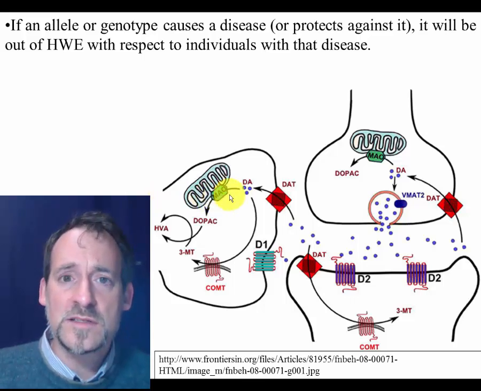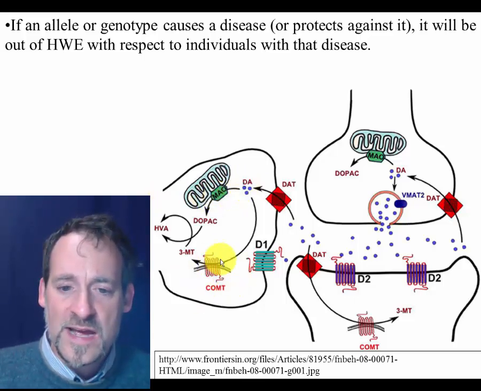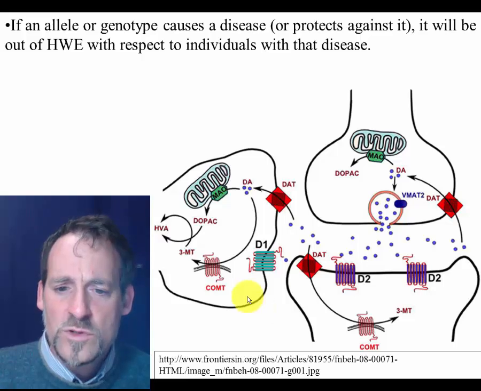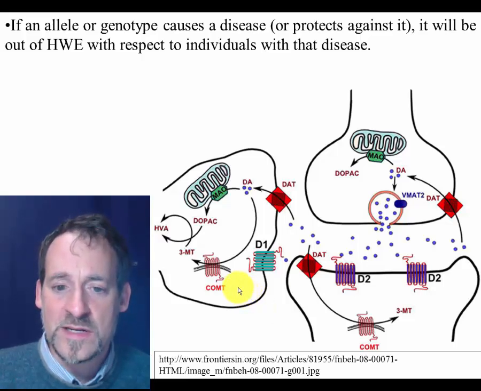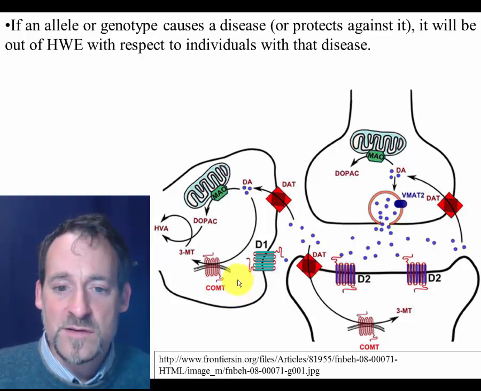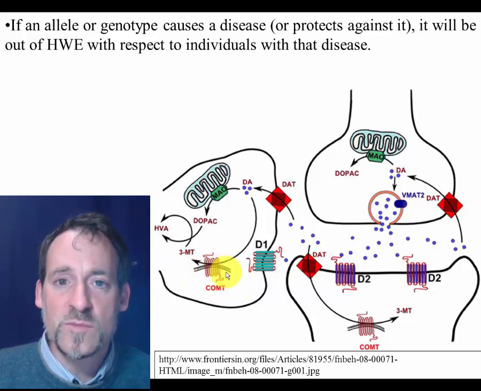Conversely, another group was looking at this gene, the gene that makes the COMT protein in the nervous system, and were trying to establish a link between this protein and schizophrenia. A few previous studies had suggested that it was possible that this protein was involved in schizophrenia.